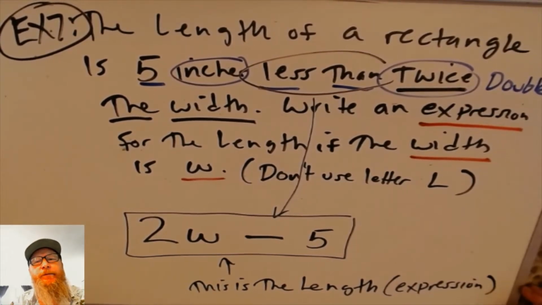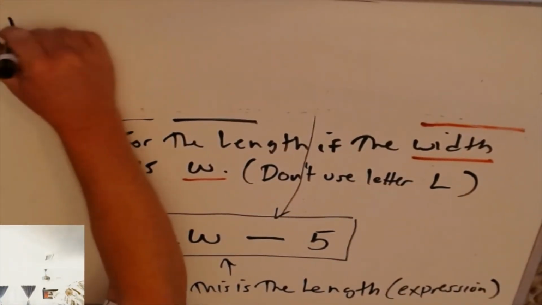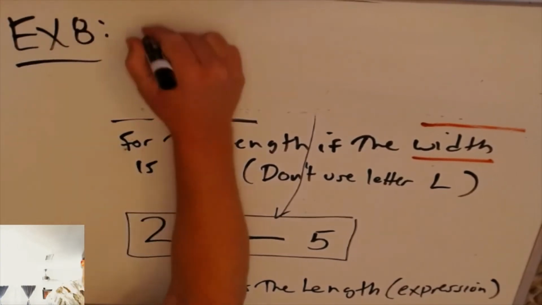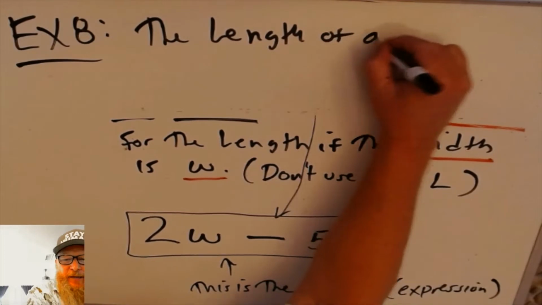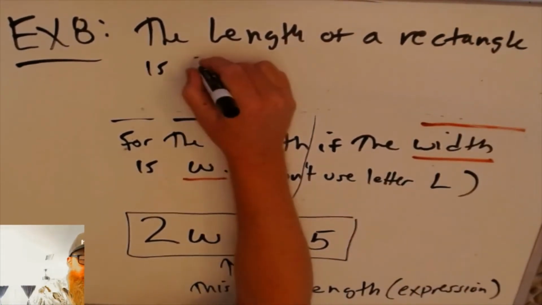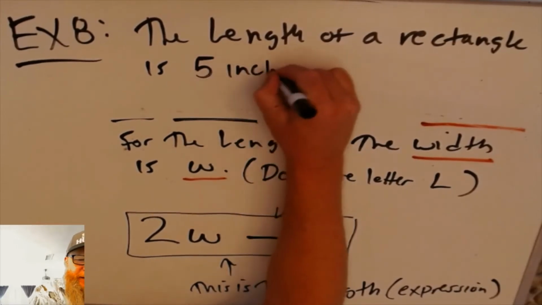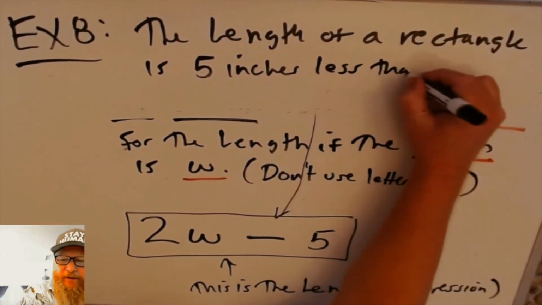All right. One more? A lot more than one more. How about one more of these with the rectangle? The length of a rectangle is 5 inches less than twice the width.